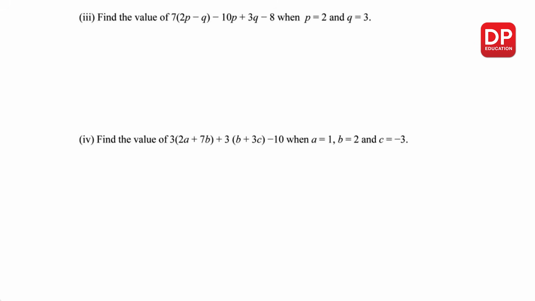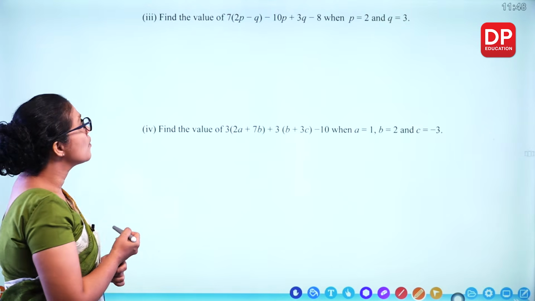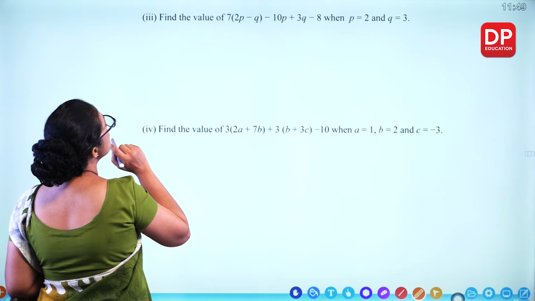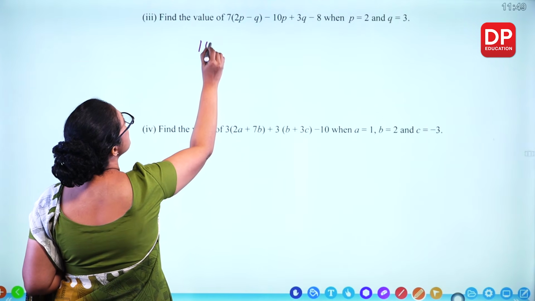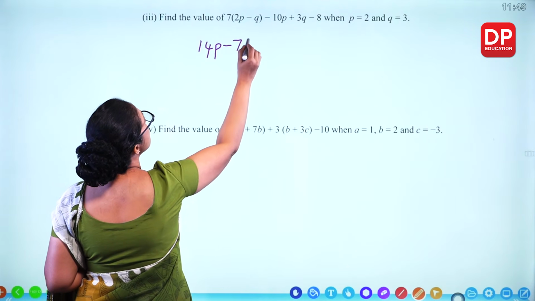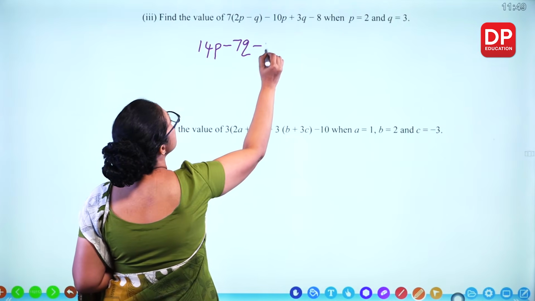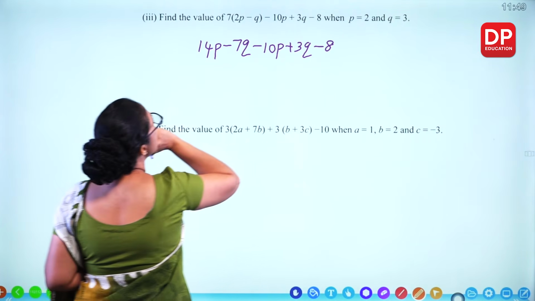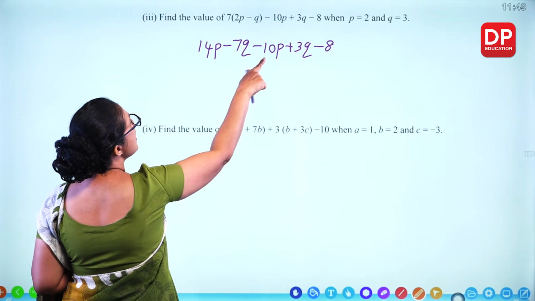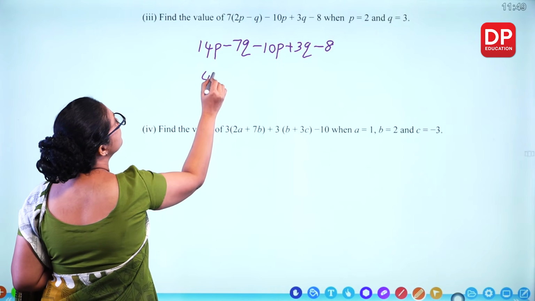Find the value of this when p equals 2 and q equals 3. First we'll expand. 7 times 2, 14. 7 times q, 7q. Minus 10p plus 3q minus 8. Simplify like terms. 14 and minus 10, 4.